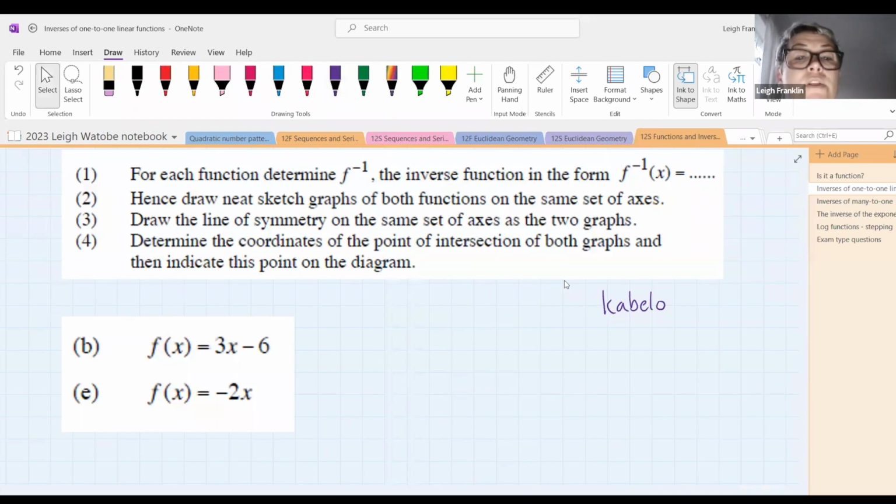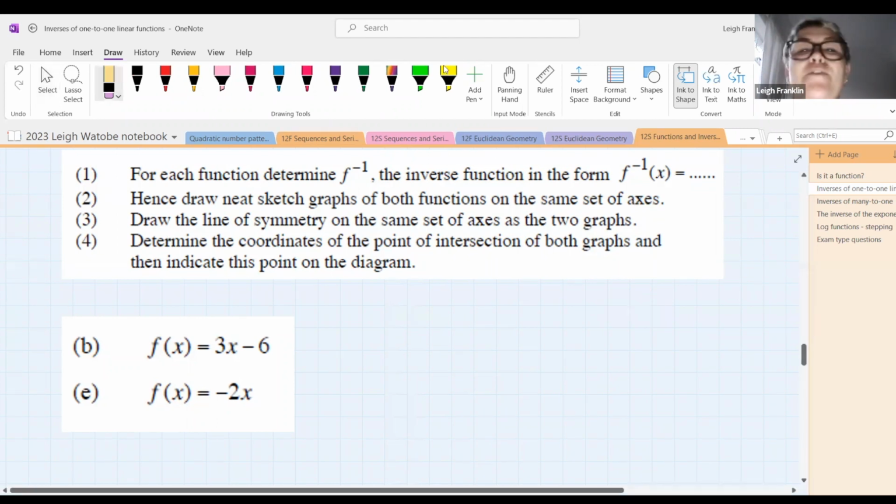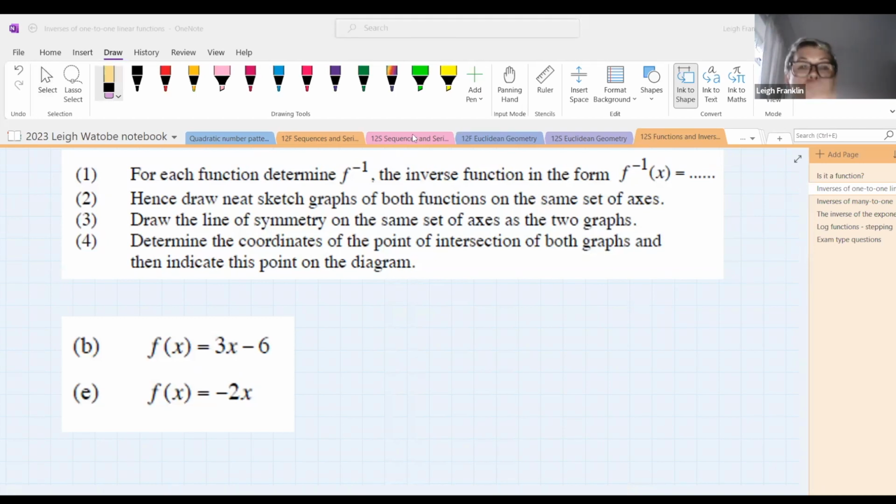Are you giving the coordinates for the inverse? Yes. Okay, so for the inverse, yes, that's correct, Cabello. Sorry, I thought you meant for the original function. That's why I was saying no, but for the inverse, yes, that's correct. Okay, so Nosipo. Yes, that's correct.